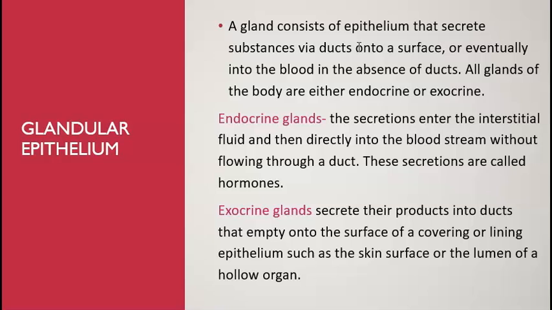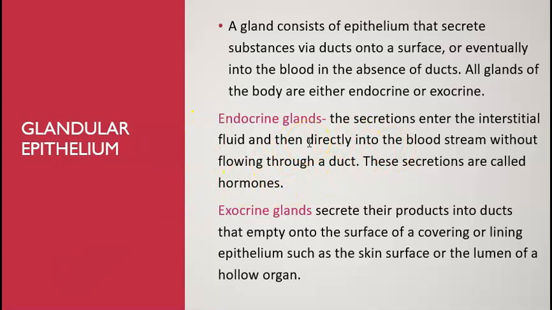These endocrine secretions can travel through the bloodstream and act on organs which are away from their site of production. While exocrine secretions are secreted through ducts, so they act at the primary site of production only. So this is the basic difference between endocrine and exocrine glands.